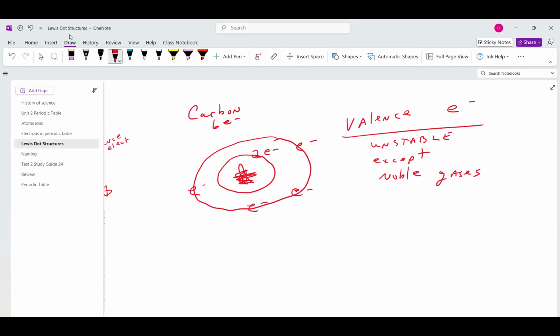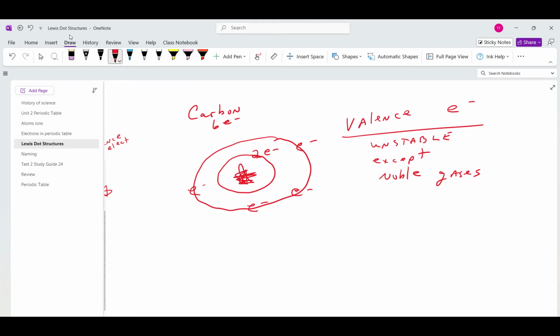So those are the electrons where all the chemistry happens, the valence electrons, except for noble gas valence electrons. The reason those don't come into play is they're already extremely stable. And later on in Unit 3, we're going to talk about why the noble gases are more stable than the other elements. Why are those valence electrons more stable?